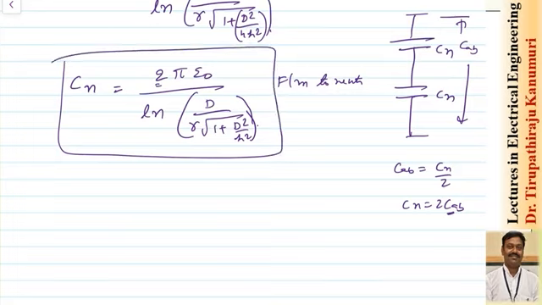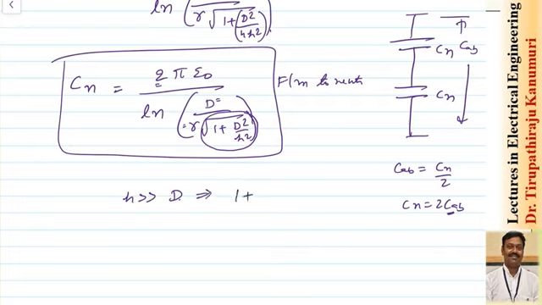So you can see here, in the normal case we have derived it as ln of D by R, but here one extra term is coming, square root of 1 plus D square by h square. This is the extra term that is coming, R is multiplied with this term. Practically, the value of the height is far greater than the distance of separation between the conductors.